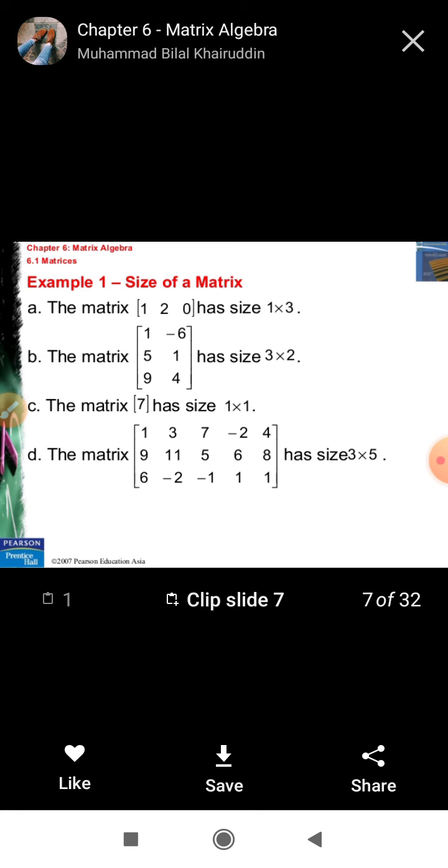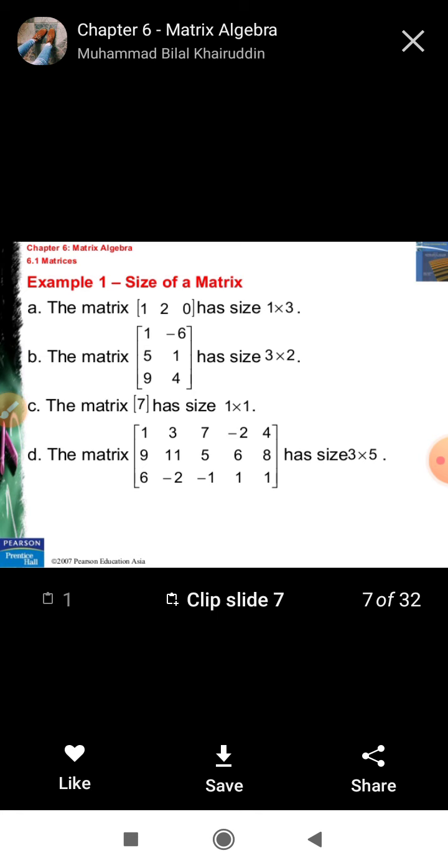So the order of this matrix is 1 into 3. In the same way, another matrix B, 1 minus 6 5 1 9 4, has 3 rows and 2 columns. So the order of this matrix is 3 by 2.